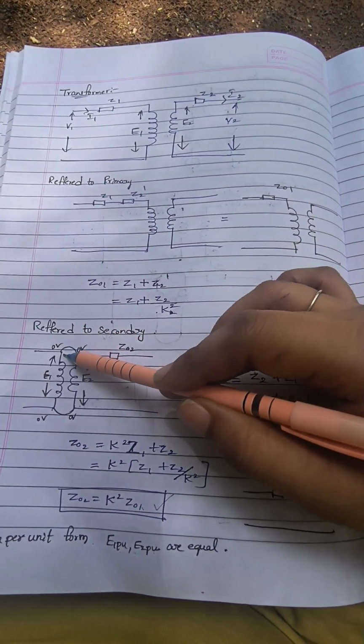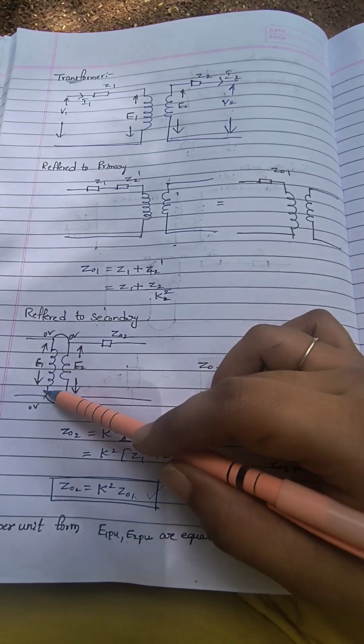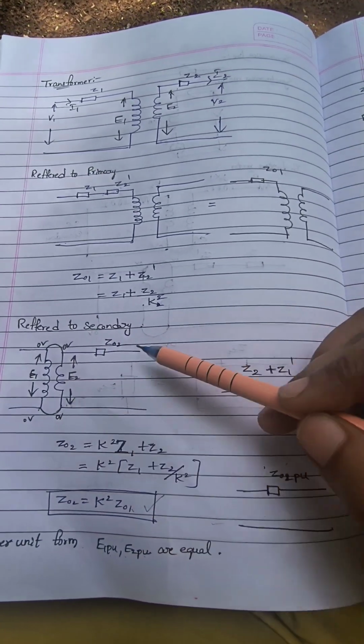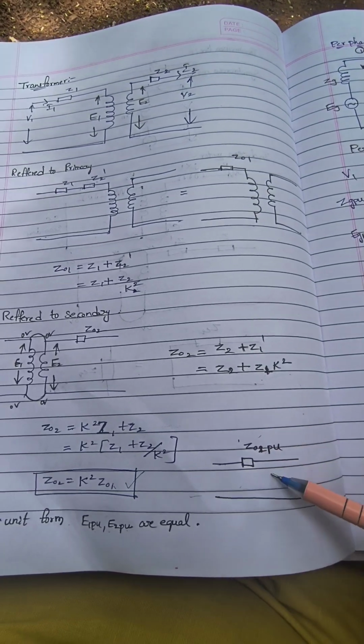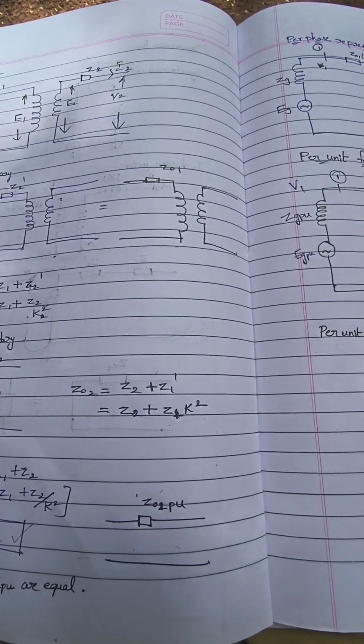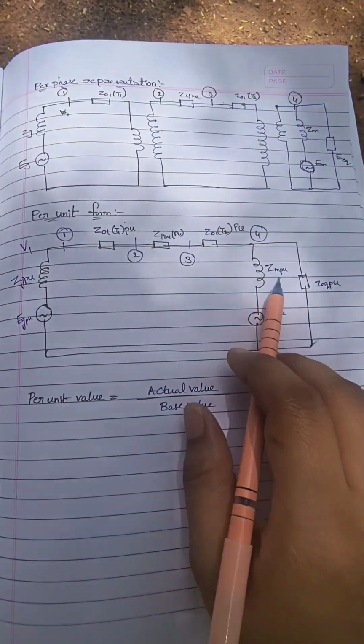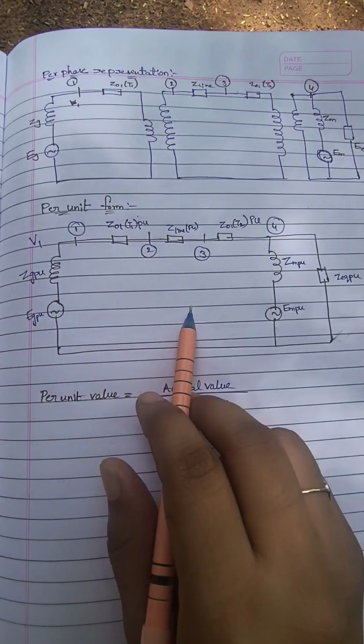So we can take the voltages here and here, this side as 0 volts and this side also as 0 volts. So we get this as the final per unit representation of the transformer, that is Z02 per unit or Z01 per unit. This is the final per unit representation of the power system.